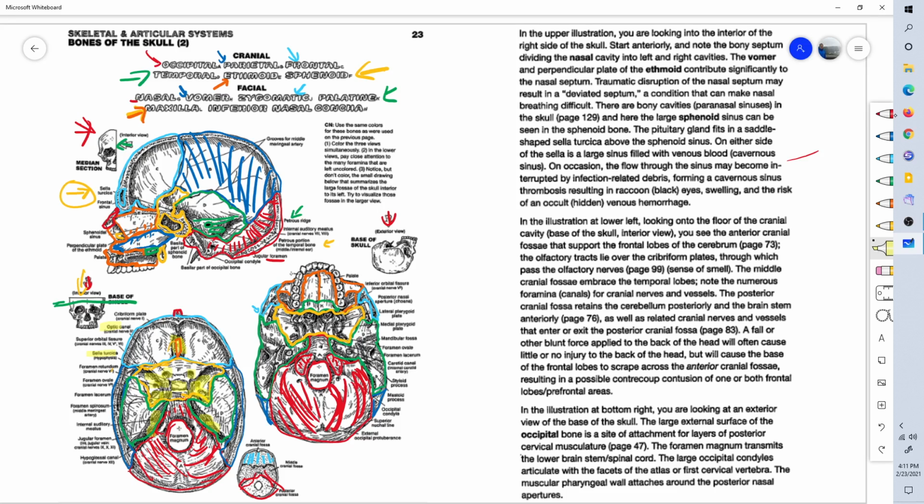The hypoglossal canal. And then from the bottom, very difficult to see on here, the inferior orbital fissure. Actually, that's the posterior nasal aperture. The inferior orbital fissure is here and here.